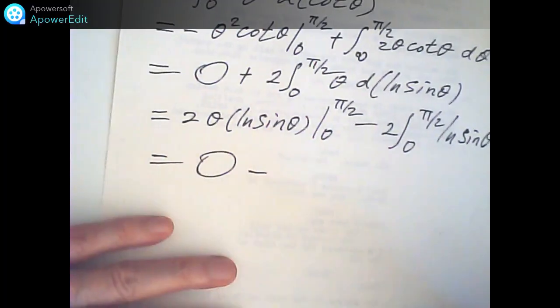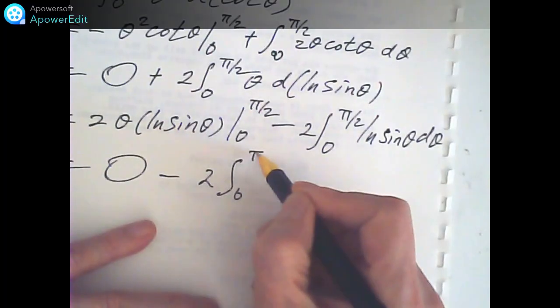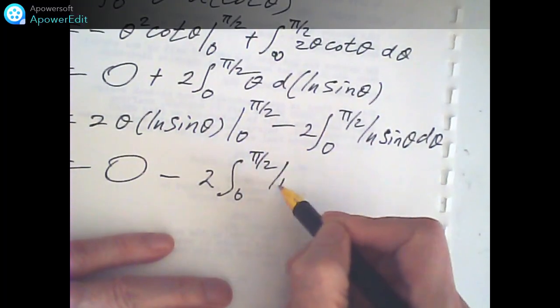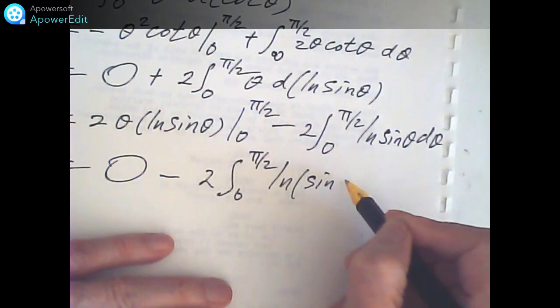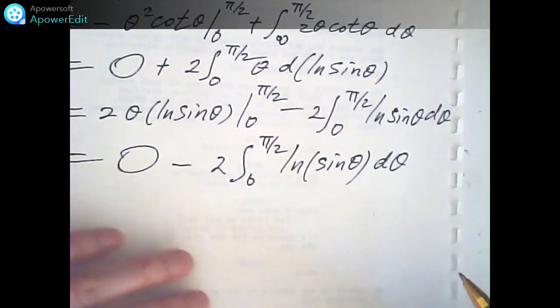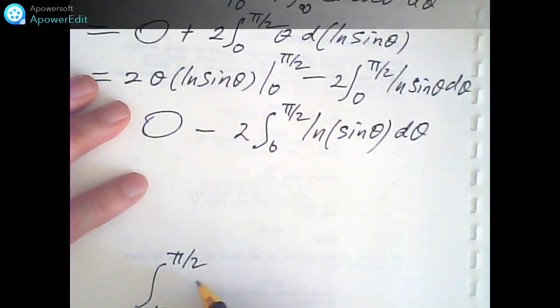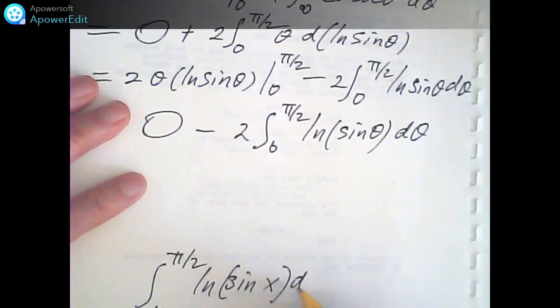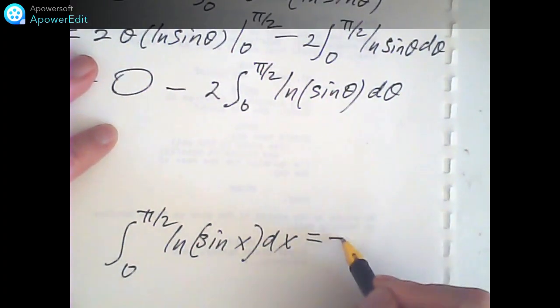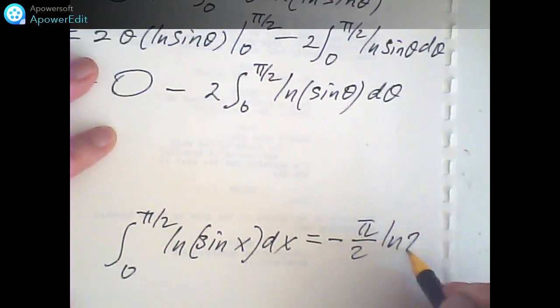And minus 2 integral 0 to half pi of log sine theta d theta. Well, I have a video doing this integral: the integral of log sine x dx is equal to negative half pi log 2.